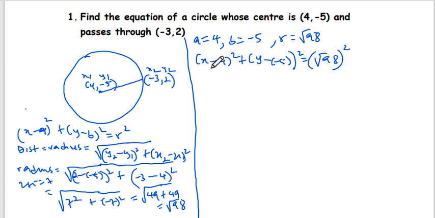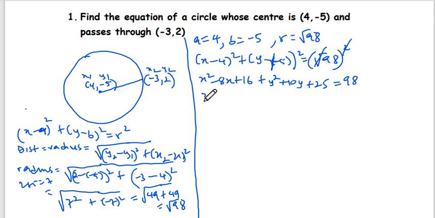If we expand this, we have x² - 8x + 16, plus y² + 10y + 25, is equal to, the square cancels out the root, 98.